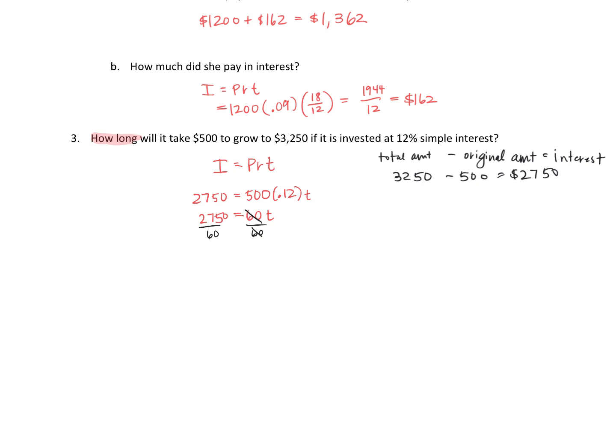So 2,750 divided by 60, and we get 45.83. So if we want to round, I guess to the nearest hundredth, that's what it would be. And remember, this is in years. So it would take a little over 45 years if you invested $500 and just left it there to collect interest, and you never added anything else to the account.